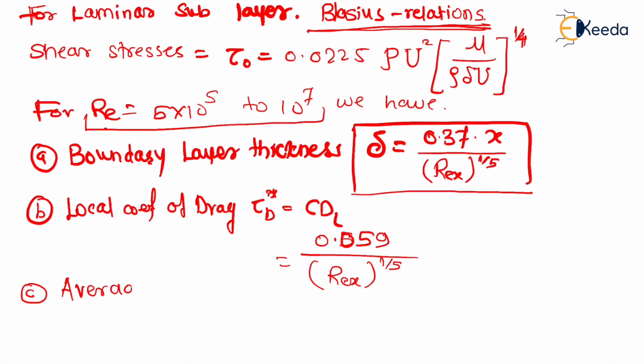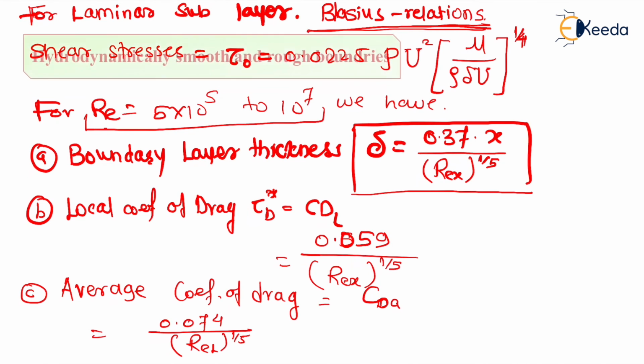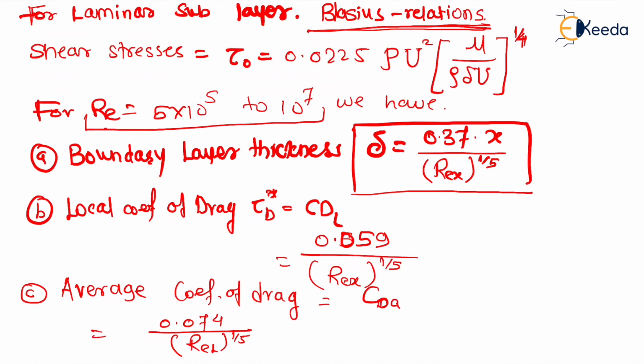And the third relation is about the average coefficient of drag, which we will denote by the symbol CD average, CDA, equal to 0.074 upon Re for length L to the power 1 by 5.